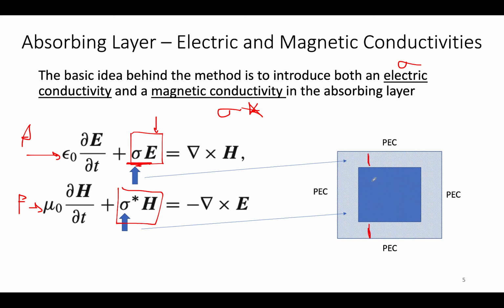Within our domain we keep the Maxwell equations with the proper material coefficients. We apply these equations within the boundary condition, where the special material is characterized by sigma and sigma star.